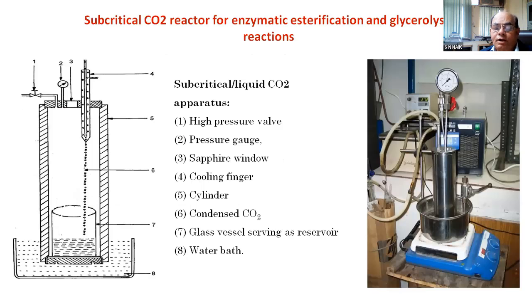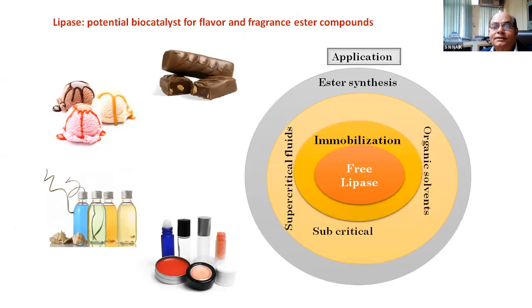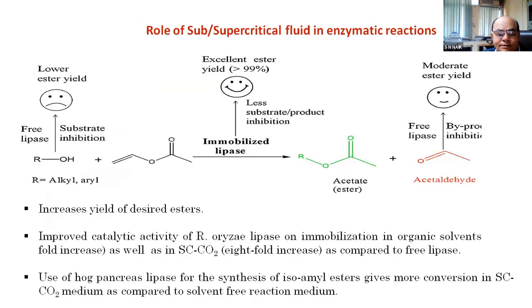So similarly, we have done a lot of work on the esterification of esters. Basically, in the food industry we use flavor constituents, and they are prepared synthetically using immobilized enzyme and all that, in ester synthesis.